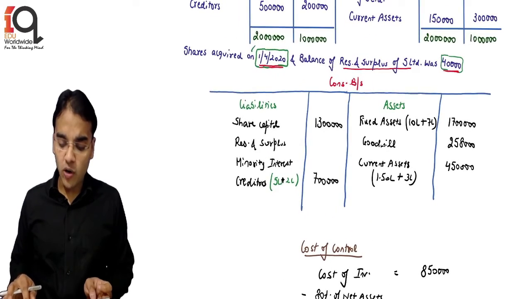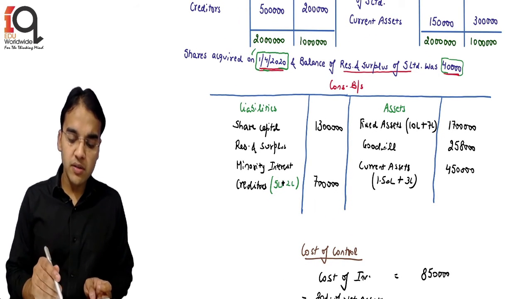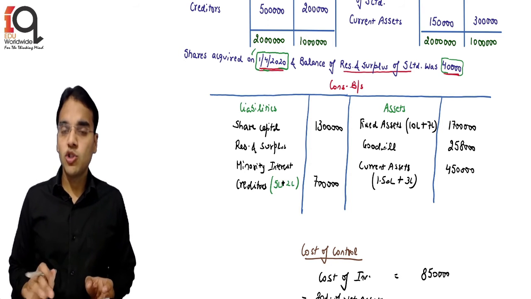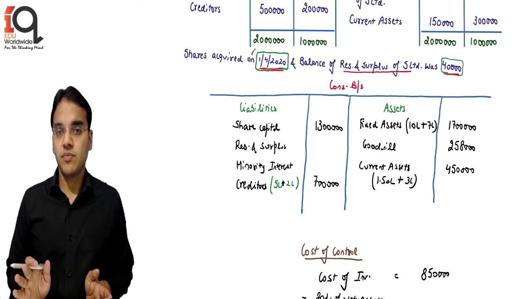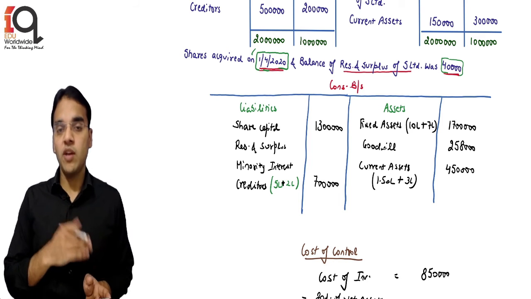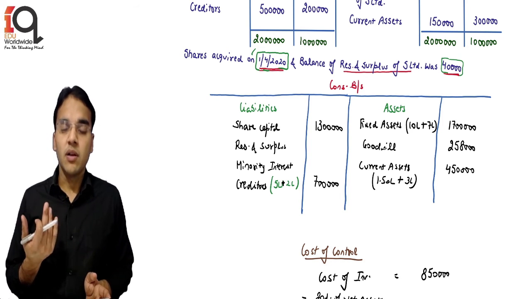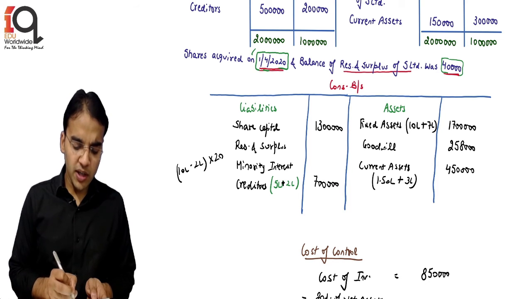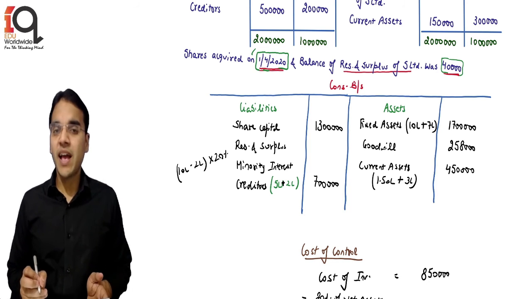Now if I need to find out your minority interest, there are two ways of looking at the same. The one way is simply 20% of the net assets. Now net assets means acquired or even after the same. So that actually means you can do either 10 lakh minus 2 lakh into 20%, which we were doing earlier, because this is the as on date value.